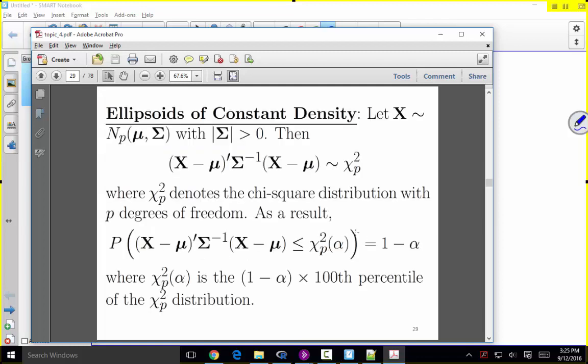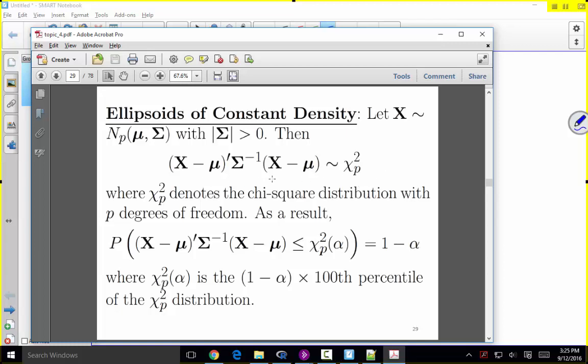Okay, multivariate normal. X is multivariate normal, p-dimensional, mean vector mu, covariance matrix capital Sigma, with a positive determinant of capital Sigma. We have what you are being kind of prompted to conclude in your homework, this result.